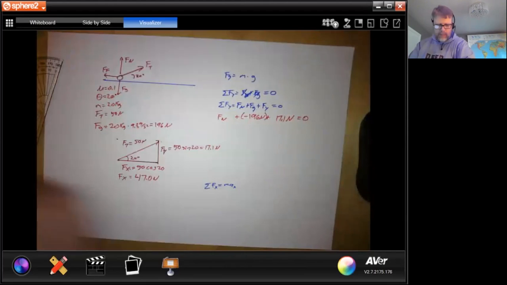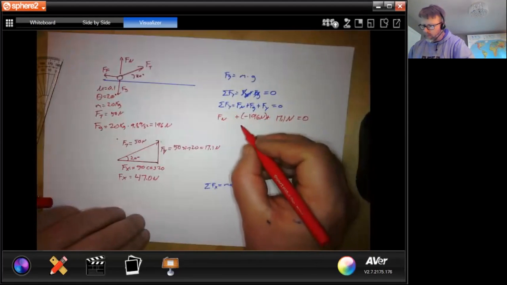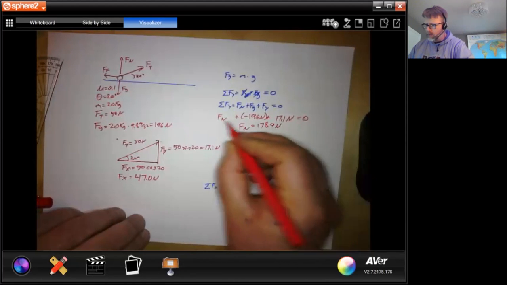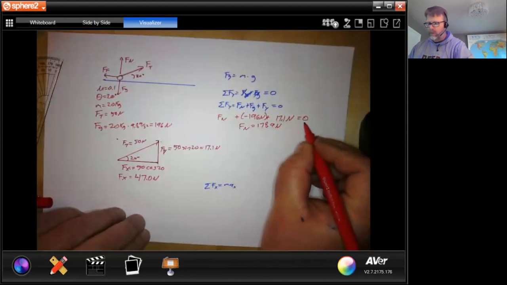So we're going to have to do 196 minus our 17.1. That means our force normal had to be 178.9 newtons in order for all that to equal 0.